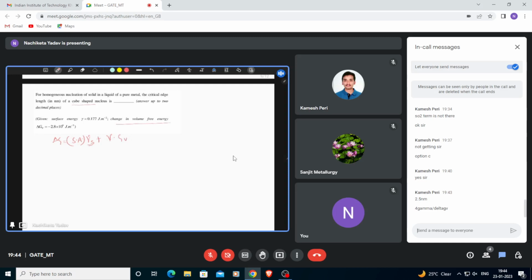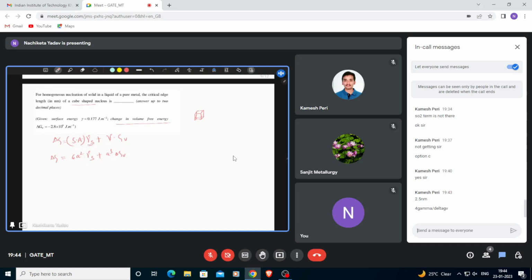This is a cube shape. Suppose its edge length is a. So we can write 6a square gamma s plus volume a cube delta GB, which is delta G total.